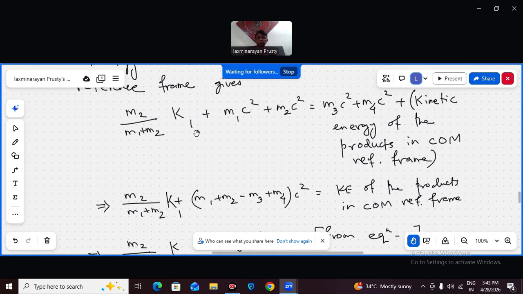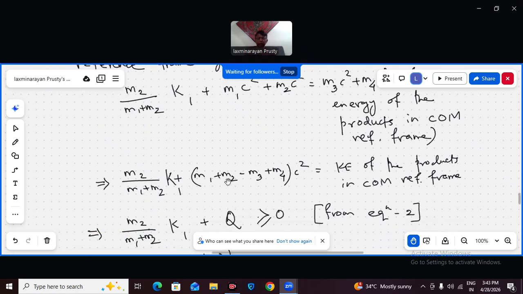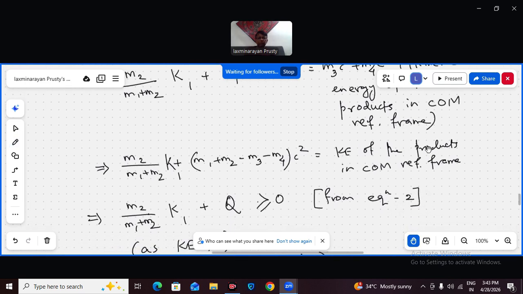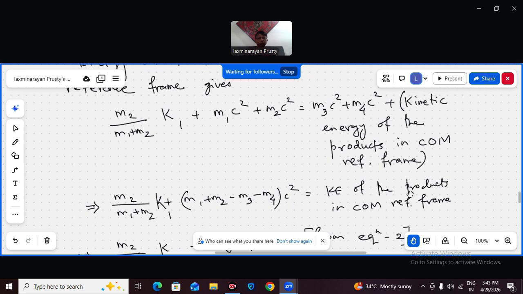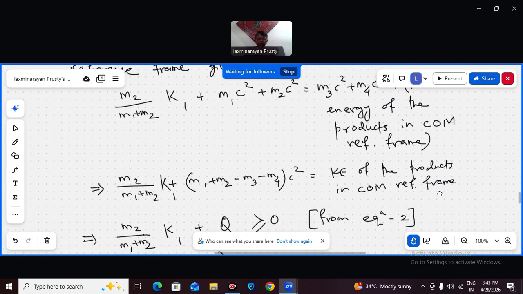Transfer the C squared terms to the left: M1 plus M2 minus M3 minus M4, into C squared. This is nothing but your Q value. I just discussed it in equation 2. So this is equal to K of the products in the center of mass reference.